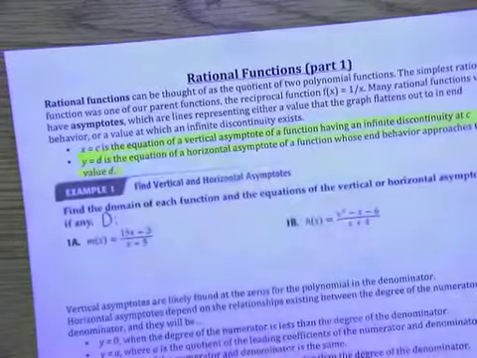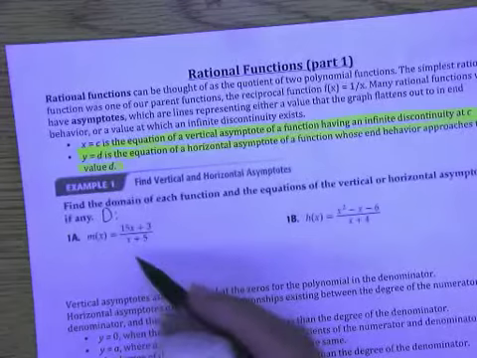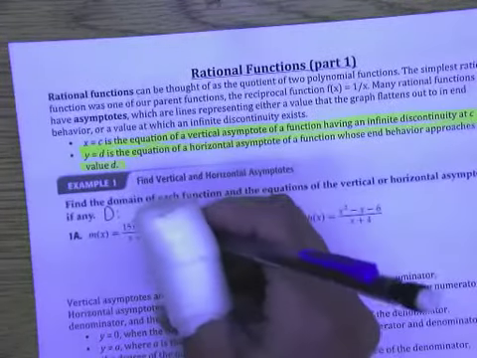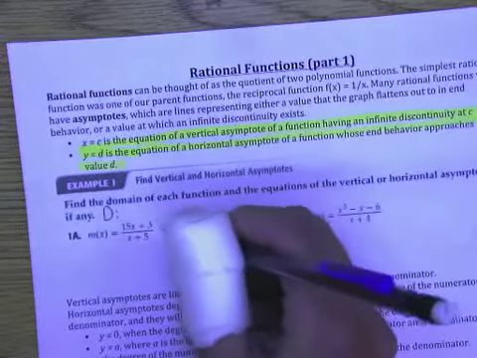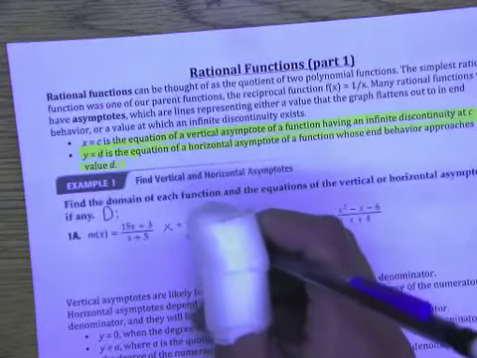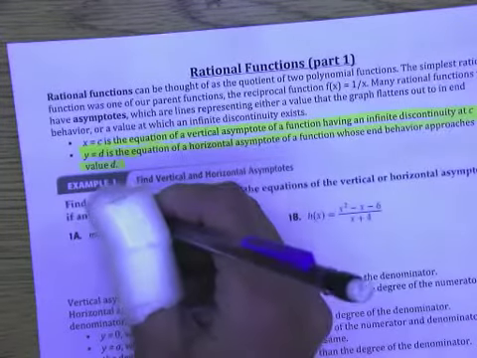The domain of this function, well, notice I'm dividing by something, so I better make sure that I don't divide by 0. So if x plus 5 can't equal 0, then that means x can't equal negative 5.